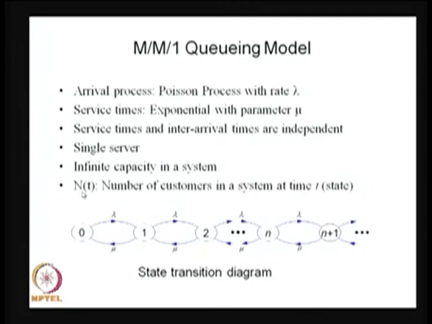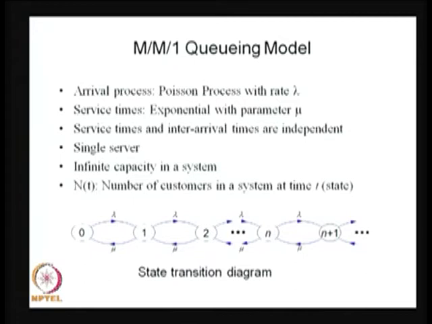Therefore, this is a Markov process, since the inter-arrival time and the service time are exponentially distributed and both are independent, and the service time is also independent for each customer. Therefore, this stochastic process satisfies the memoryless property at all time points.